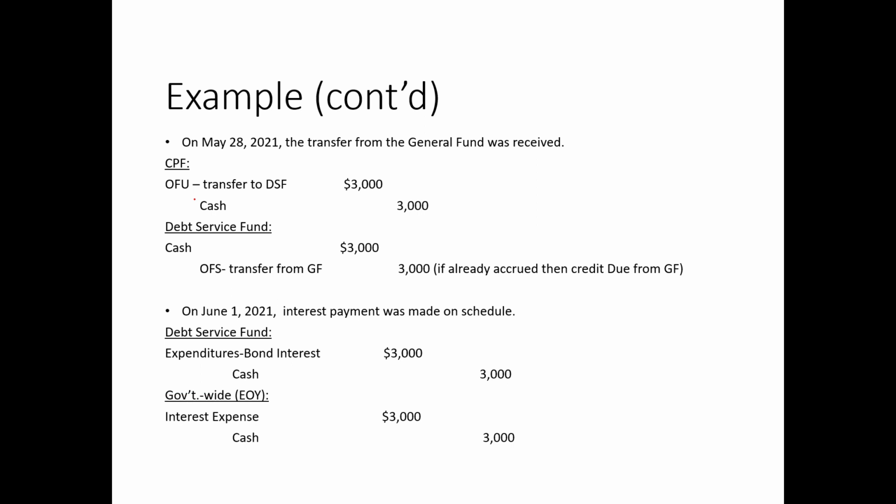I'm going to correct it. General fund. So for the general fund, we're going to debit other financing use, transfer to debt service fund, and credit cash.